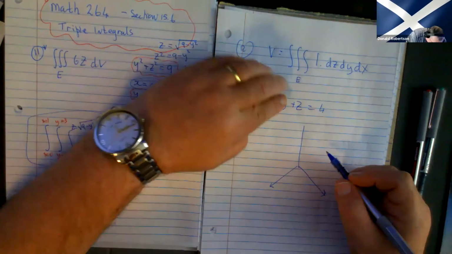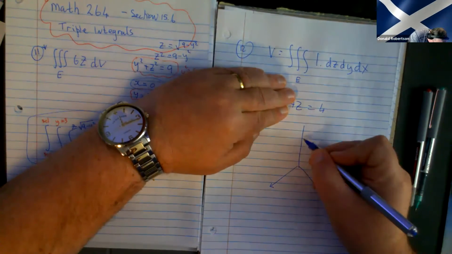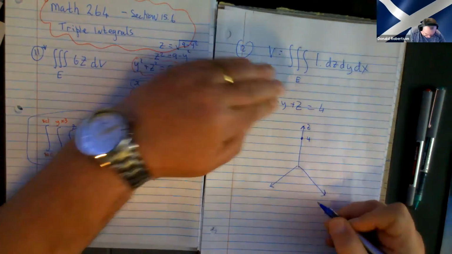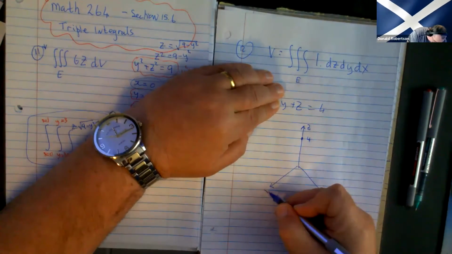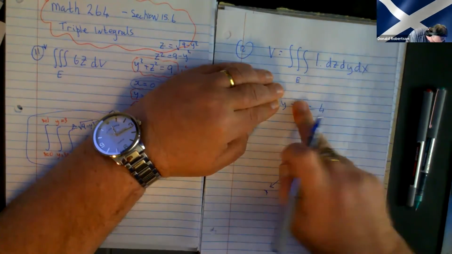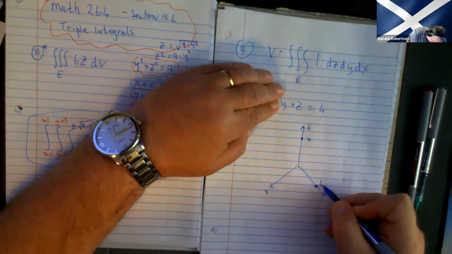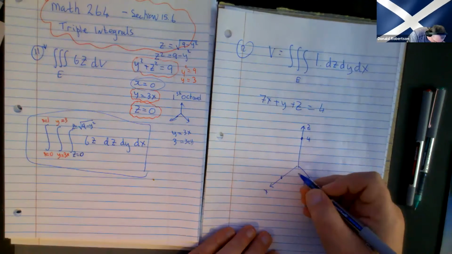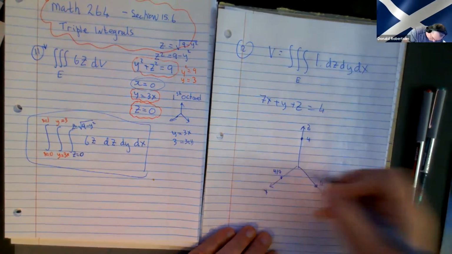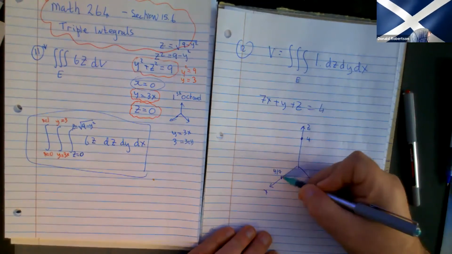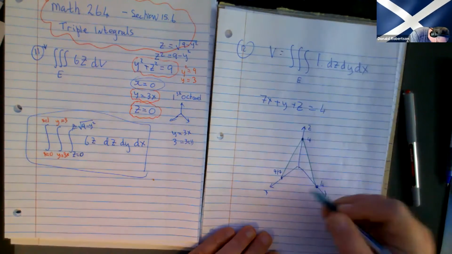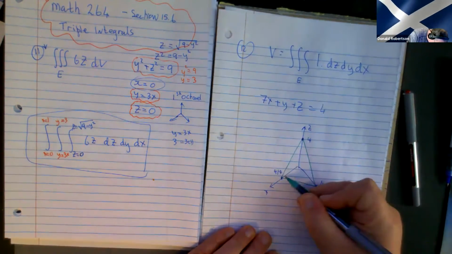If you make these two guys 0, it crosses the z-axis at 4. Okay, I know what's happening. And if you make everybody else 0, it crosses the y-axis at 4, and it crosses the x-axis at a rather ugly 4/7. So the tetrahedron shape they are talking about, can you kind of see it now?